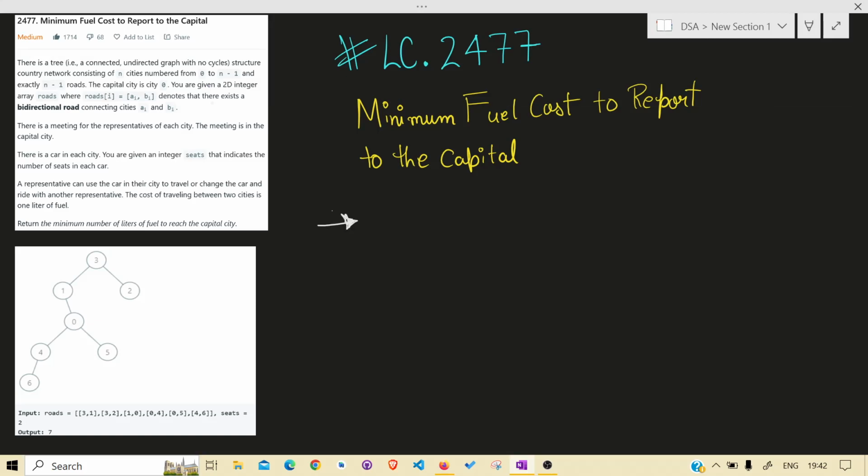What the problem is asking is, you are given cities numbered from 0 to n minus 1, and the 0th city is the capital. That much is very clear. Every city has its representative. In order to attend the meeting, every representative has to reach the capital.